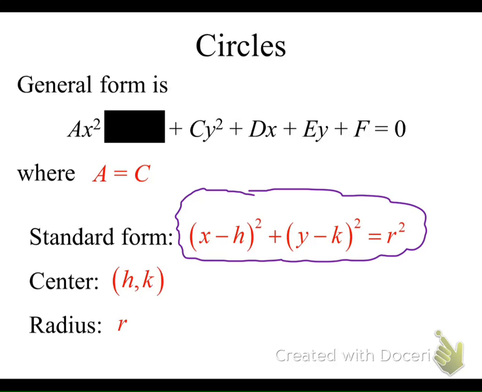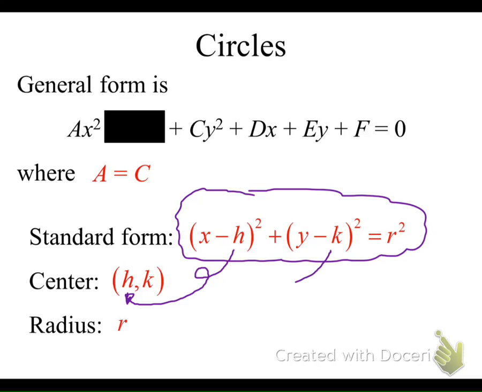It is important for you to notice in your equation that the x value of the center will be pulled out of the equation and its sign will change. The same thing will happen with the y value of your center, which is the k value.